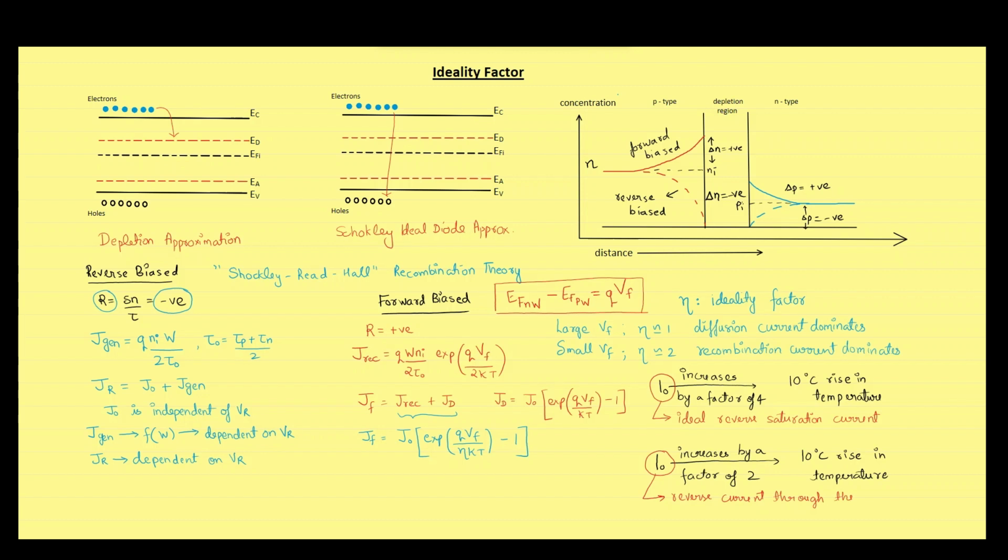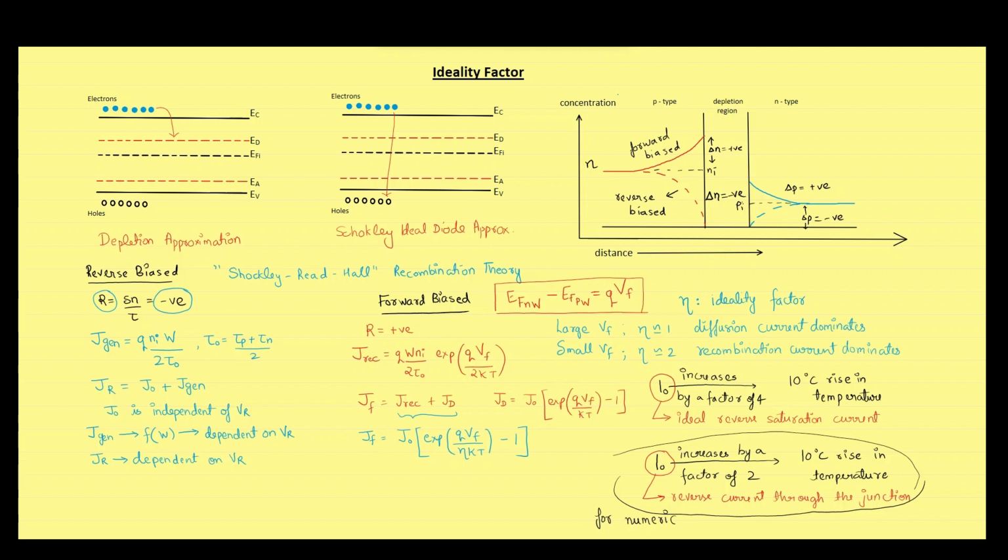Since for a practical diode, we are considering the recombination current also, the rate of increase in the absolute current decreases with temperature. Therefore, for a practical diode, we consider this case as it already includes the recombination current density. So, for numericals, you have to use the second formula.